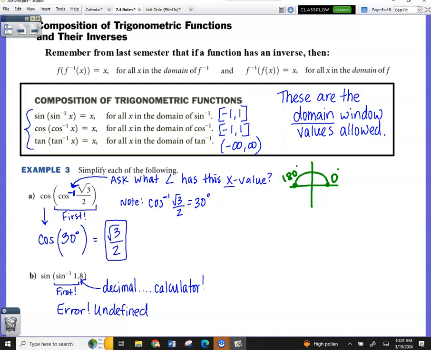Now tangent's free range, anything goes. But let's make a note to ourselves. Undefined because sine inverse has the domain -1 to 1. If you remember from yesterday when we did the little highlighting on the graphs, we said that that graph only ran from -1 to 1.